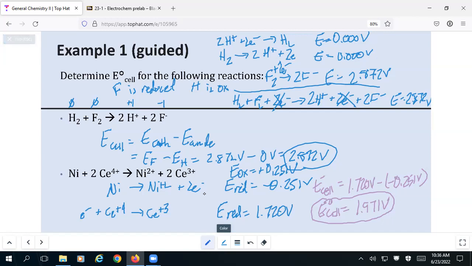I'll get the same 1.971 volts. It's the same thing either way. It really just comes down to preference and what you're comfortable with. And believe me, once you do some of these, it's not too terribly difficult to kind of just get into a groove, get into a pattern, find something that works for you.